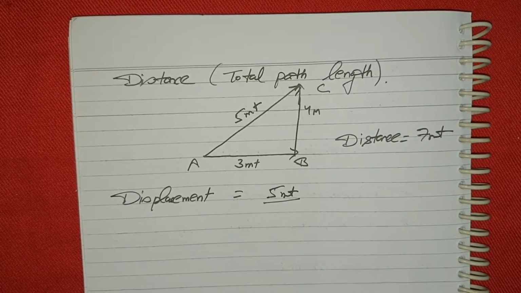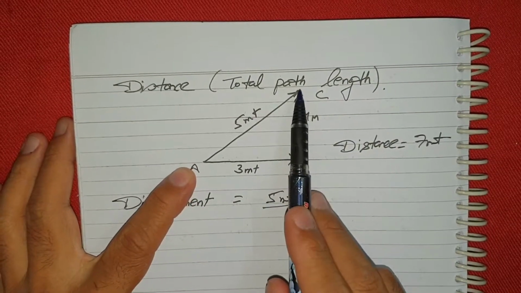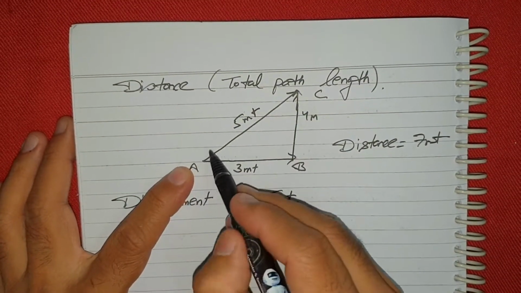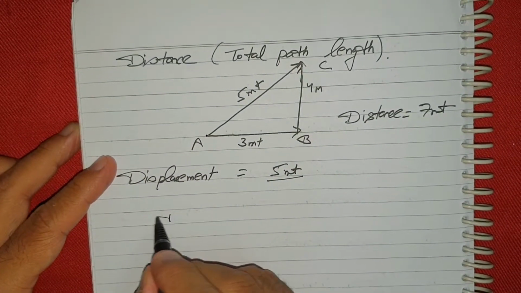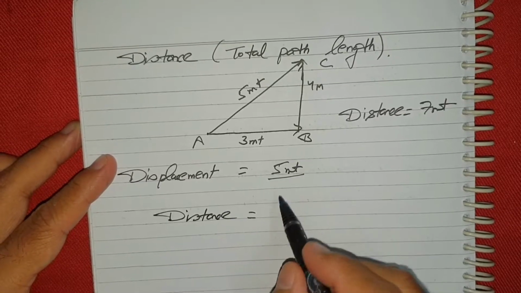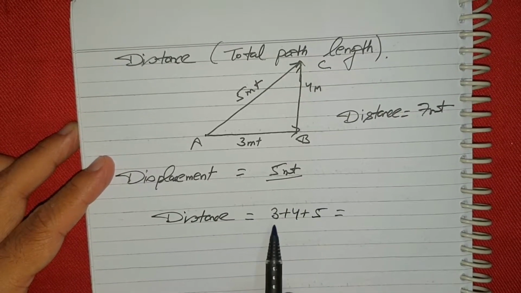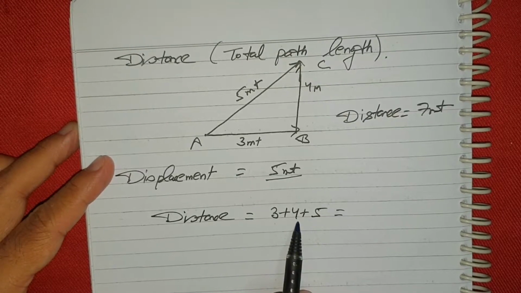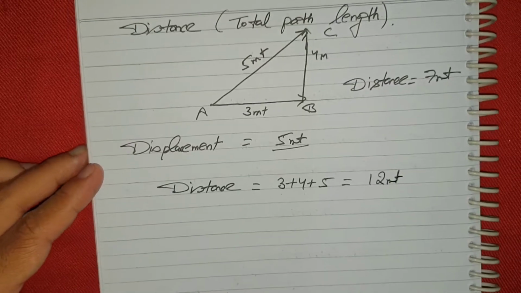Now, consider the object has travelled from A to B, then B to C, then from C to A, which means it is back to A. Now, what is the distance in this case? The distance is, you simply add all of them, 3 plus 4 plus 5. So, that is 3 plus 4 is 7, plus 5 is 12 meter. But what will be the displacement?